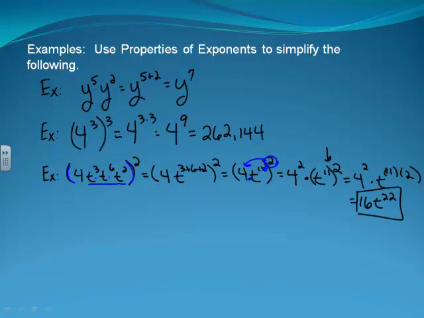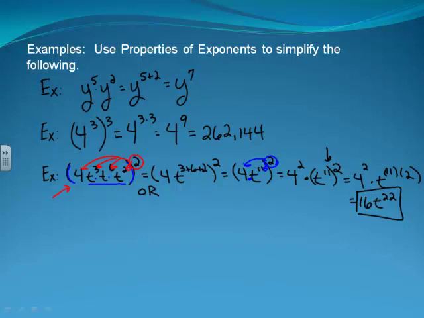Now, an alternative way to do that same problem, okay, so this is another way you could approach the problem, is you could take the original problem and take that power and distribute it to each term because it's multiplication as your first step if you wanted to. Now, is that easier? It's really up to you. Let's take a look at it.